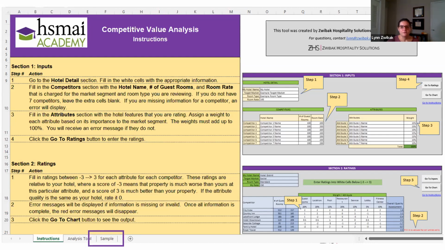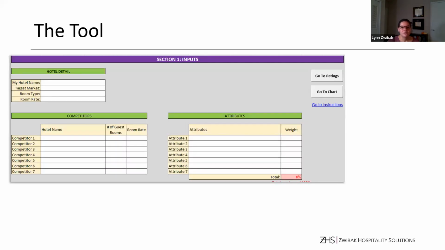So in the tool, there are 3 sections. The first section is the inputs. And this is where we're going to go back through and fill these out together. I just want to give you an overview of what we're going to be looking at. So section 1 is the input. This is the basic information about your hotel, the competitors, and the attributes, those 3 items I talked about.